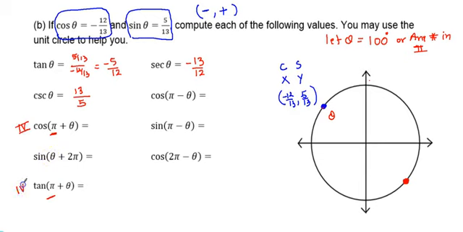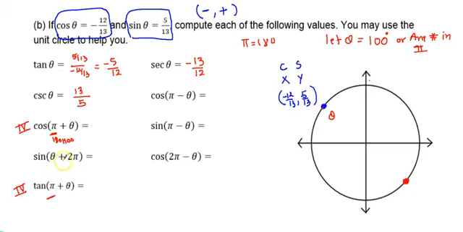So identify the location first. Where am I? In other words, pi is 180, so 180 plus 100, which is 280. So that's my fourth quadrant.